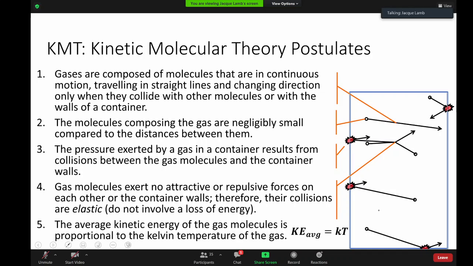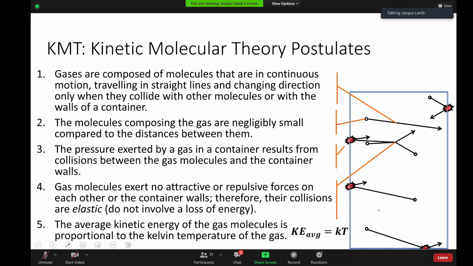Another way of saying that, you might have in high school chemistry, they may have told you that the volume of the particles is essentially zero compared to the volume of the container. The third postulate is that the pressure of the gas is exerted by the molecules bumping against the walls of the container.